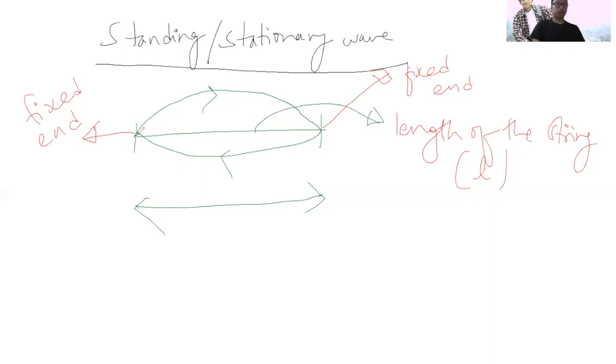So if this is the source that we looked at in our video, this is the source producing the wave, and it strikes the string present over the pulley, because in our video it was like this.